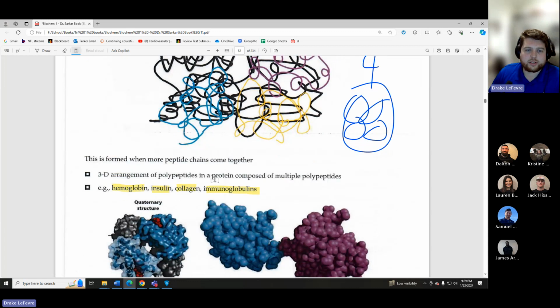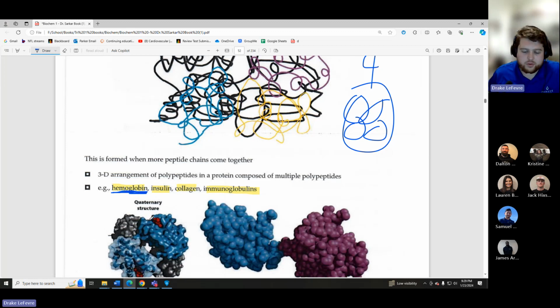One of the most common examples of this that you'll see that they'll talk about is hemoglobin. Hemoglobin is the protein in your blood that transports oxygen. Because it's globin, it's a globular protein.